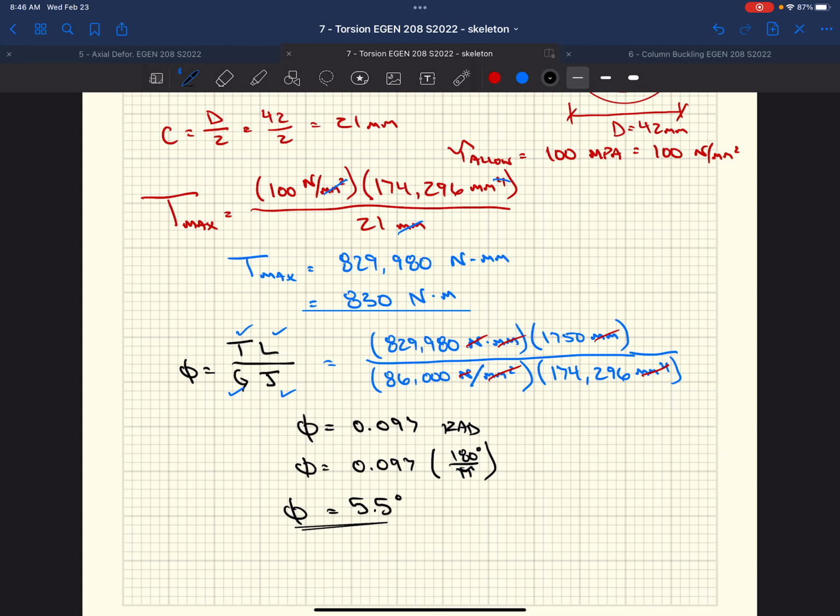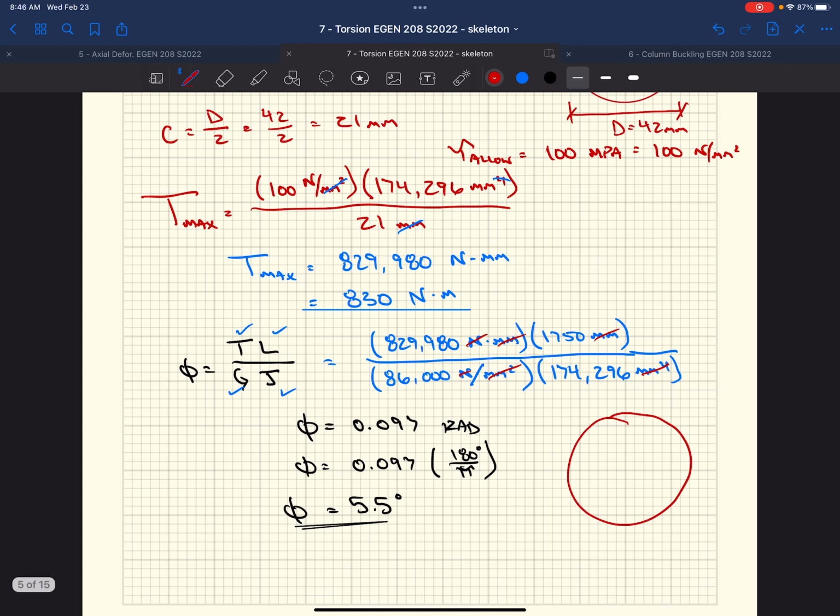If you wanted to know, we have this shaft and it rotated. If we were standing on the edge of this shaft, and then it rotated some amount, in this case we have our phi. So the end of the shaft rotates.